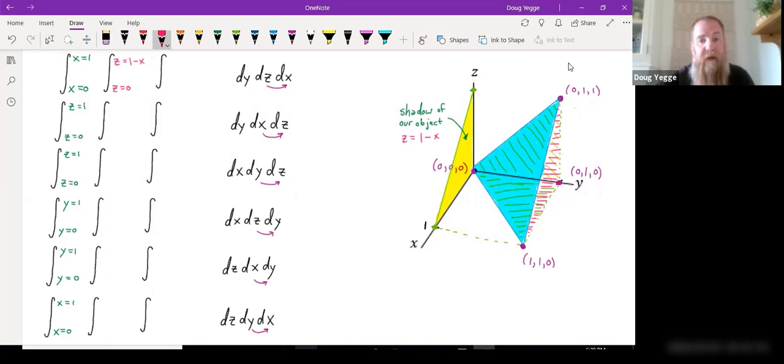And if I were to manipulate things in terms of x's and z's, I would see that as z changes from 0 to 1, x changes from 0 to the line. So we really just have to rewrite this as x equals 1 minus z. That's why we can now realize that x is equal to 1 minus z. So x goes from 0 up to x equals 1 minus z.